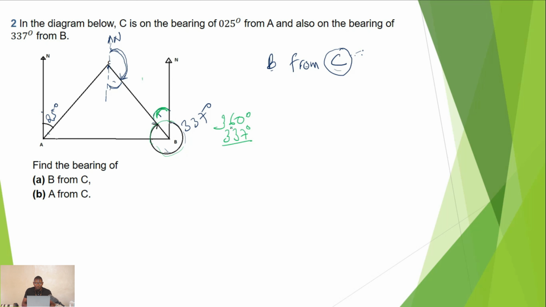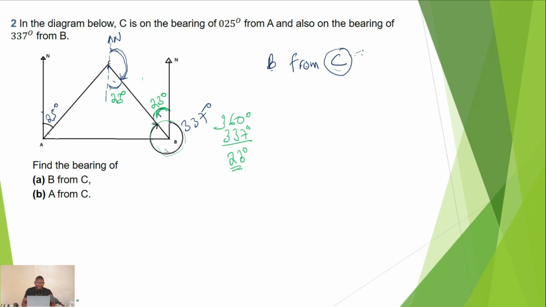So if we say 360 minus 337, we're going to have 23 degrees. So it means that this angle is 23 degrees here, and here is going to be 23 degrees.